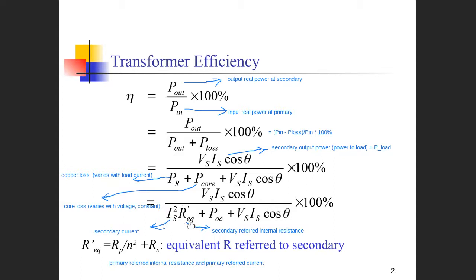So do not use the primary referred current with the secondary referred resistance, or the secondary referred current with the primary referred resistance. Every year a few students are confused by this, and they use a wrong approach to calculate the losses. Pay attention to it. You can use the primary referred internal resistance and primary referred current, that's okay, but remember it.